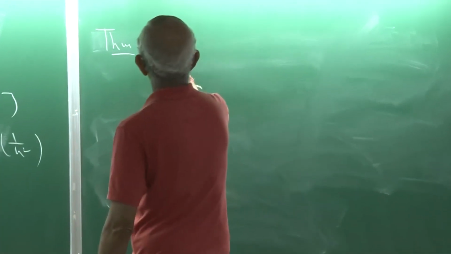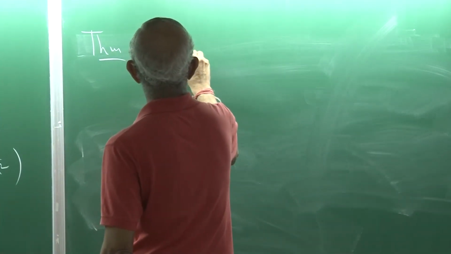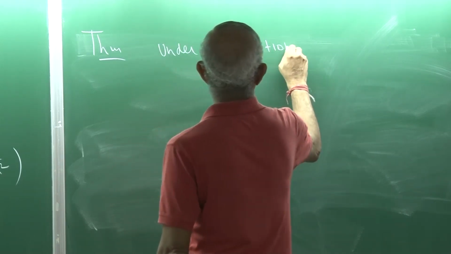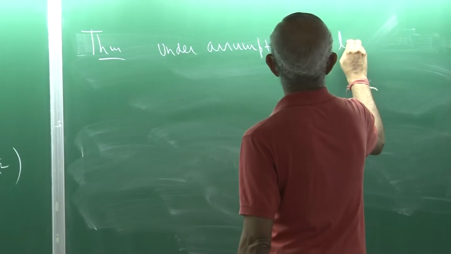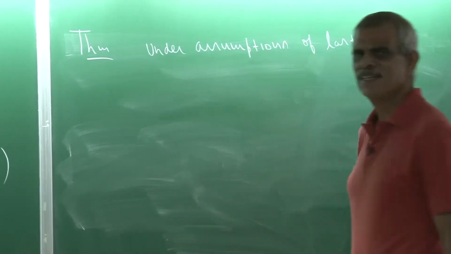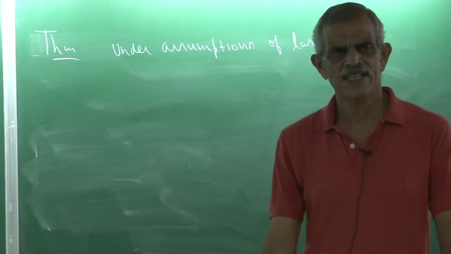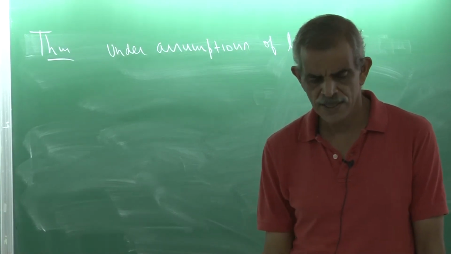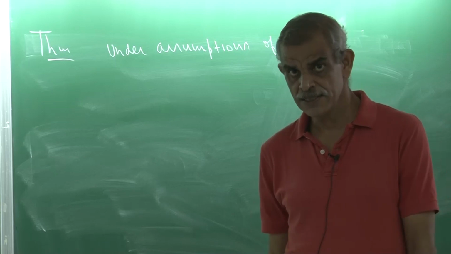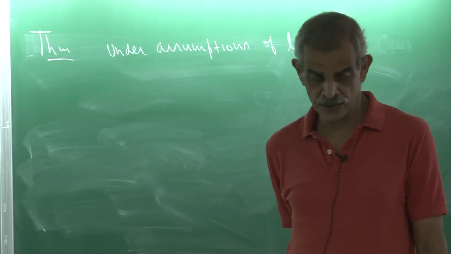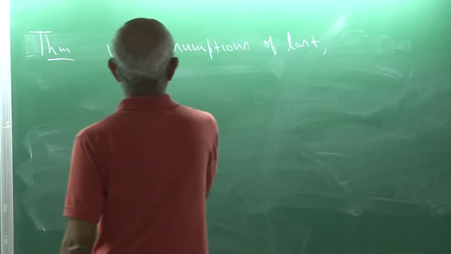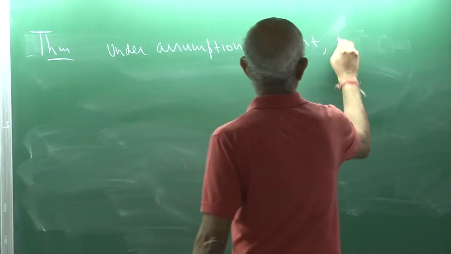So under the assumptions of the last theorem, that means your function h has k derivatives, depending on whether you are dealing with expected value of h of x bar or variance of h of x bar. The kth derivative of h is bounded, or the kth derivative of h as well as h square both are bounded. And you have the last theorem.